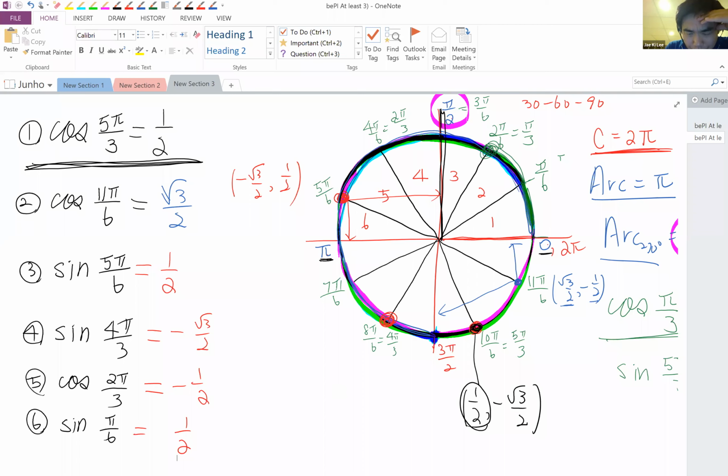That's true. And when the angle is close to the y-axis, the cosine is 1/2 and the sine is √3/2. It is vice versa. Yes, that's it.